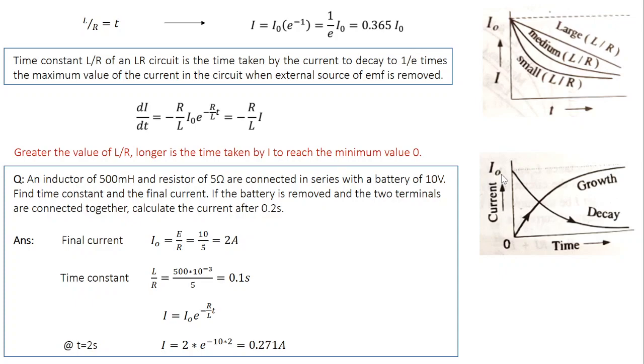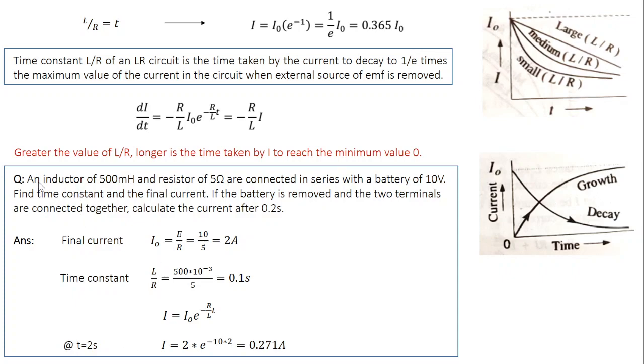Similarly, instead of instantly decreasing from I0 to 0, this is gradually decreasing from I0 to 0. And how fast the growth or decay happens is determined by the time constant L/R. So by manipulating the value of L or R, you can control the rate of growth and the rate of decay in an LR circuit.